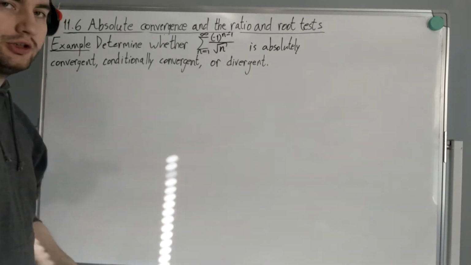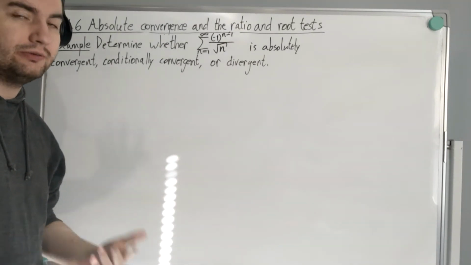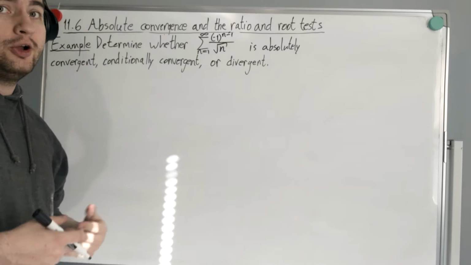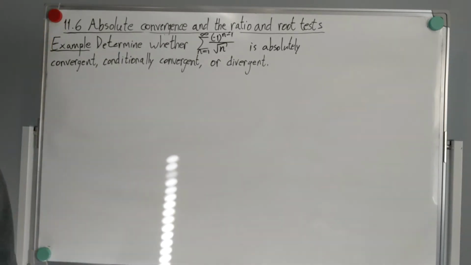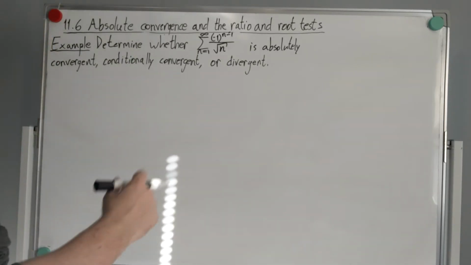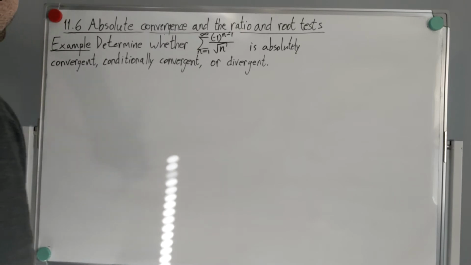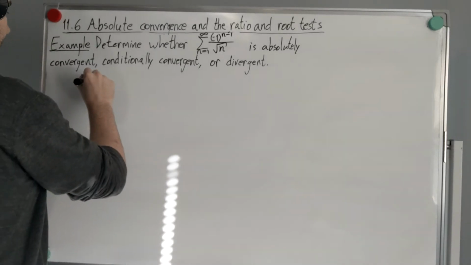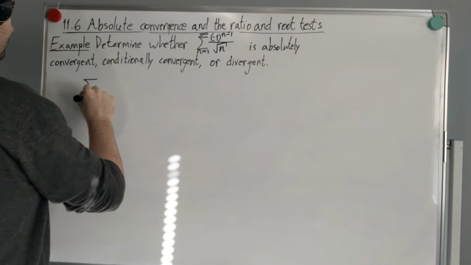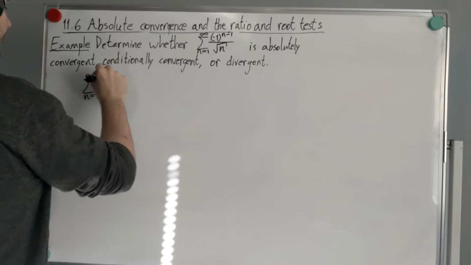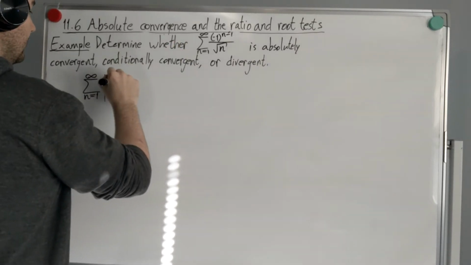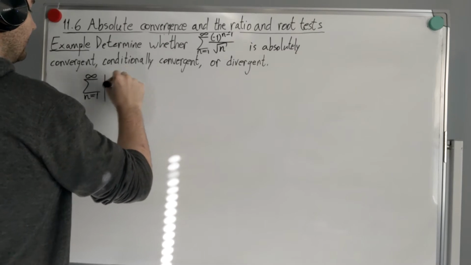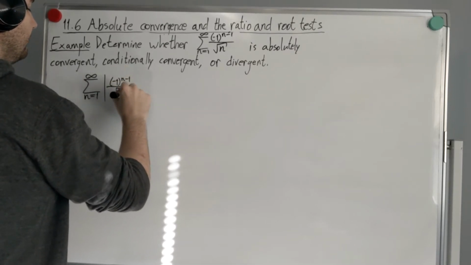And once again, we're trying to determine whether it's convergent or absolutely convergent or conditionally convergent or divergent. So if you want to determine whether it's absolutely convergent or not, we're going to have to take the series of absolute values. So the sum from n equals 1 to infinity of the absolute value of negative 1 to the n minus 1 divided by the square root of n.